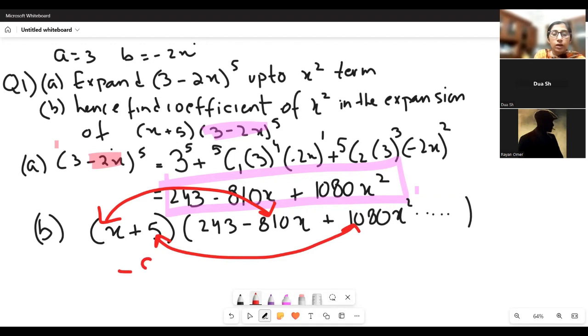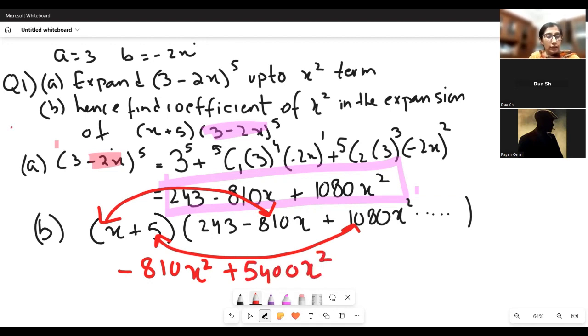So we have minus 810x squared and plus 5 times 1080, which is 5,400x squared.